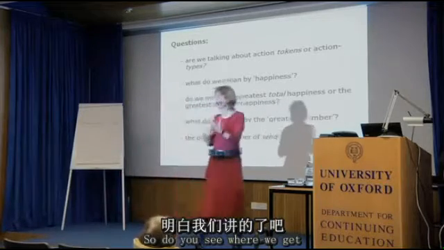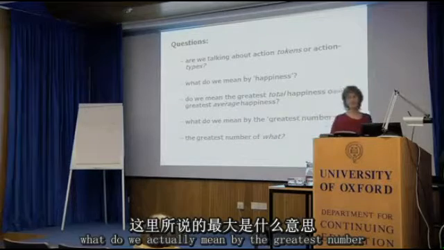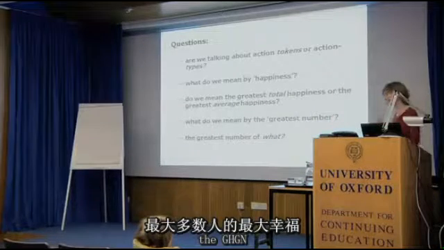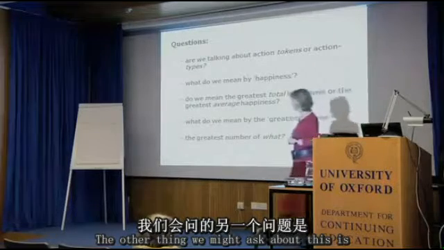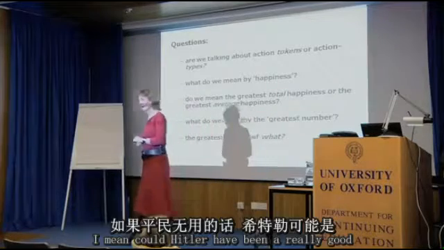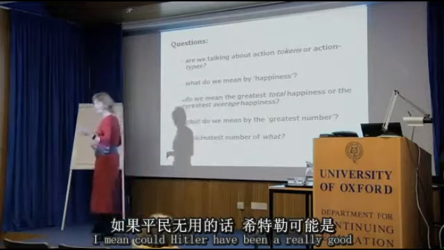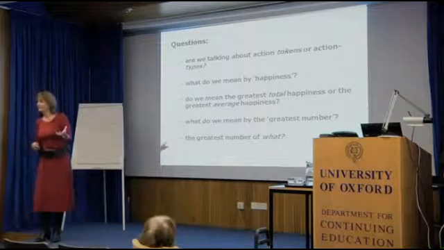So do you see what we actually mean by the greatest happiness of the greatest number? Another thing we might ask is the greatest number of what? I mean, could Hitler have been a really good utilitarian? It's just that he didn't count Jews. Yes.